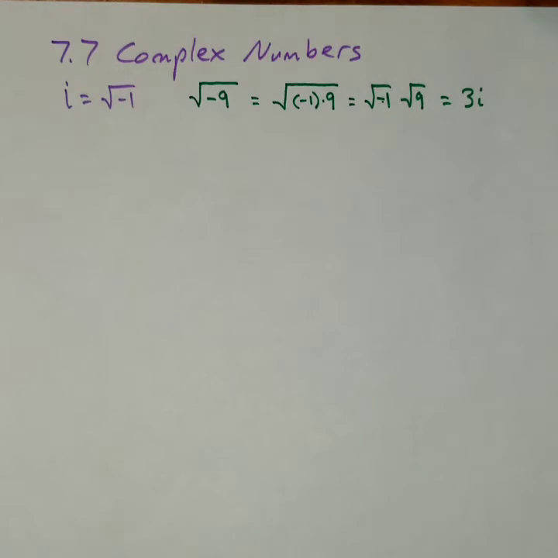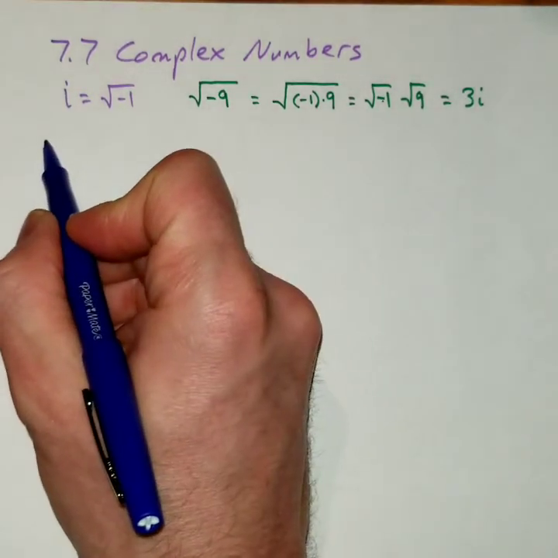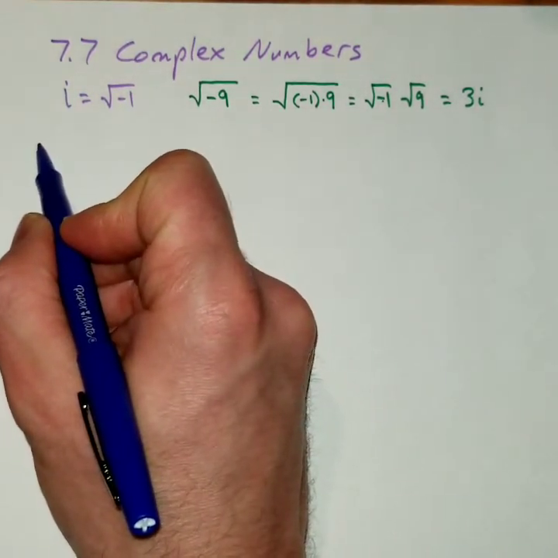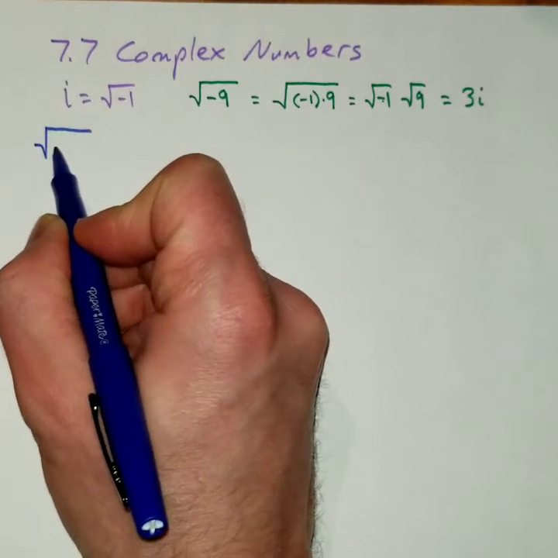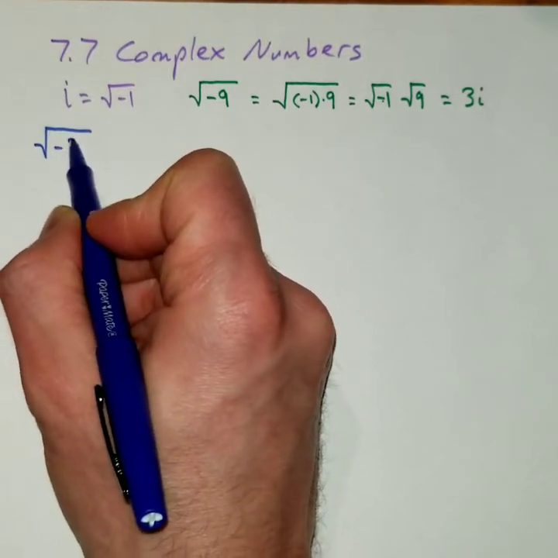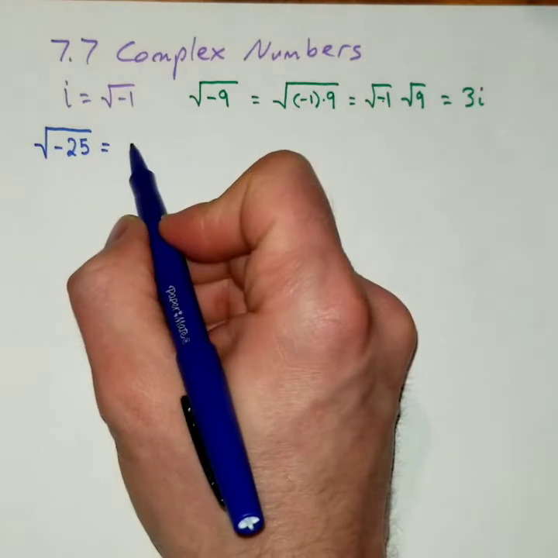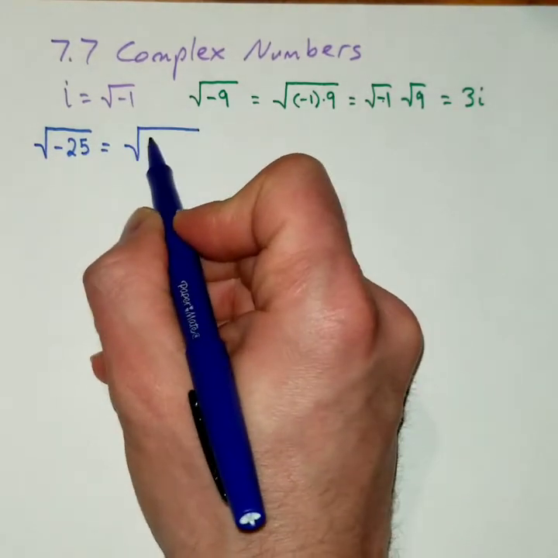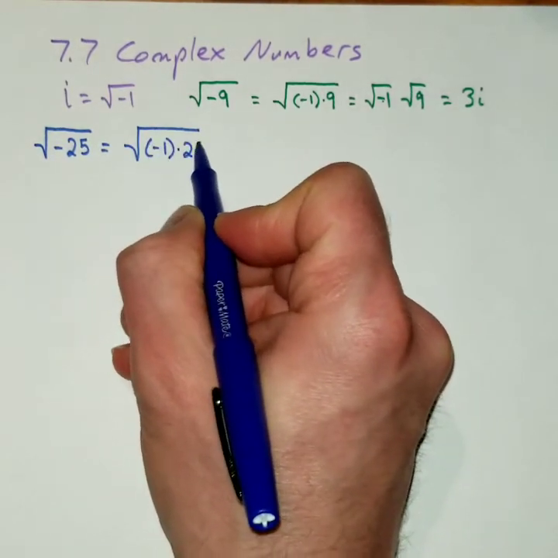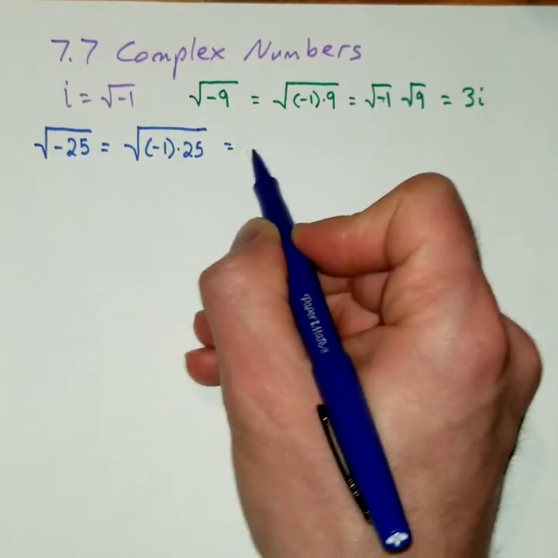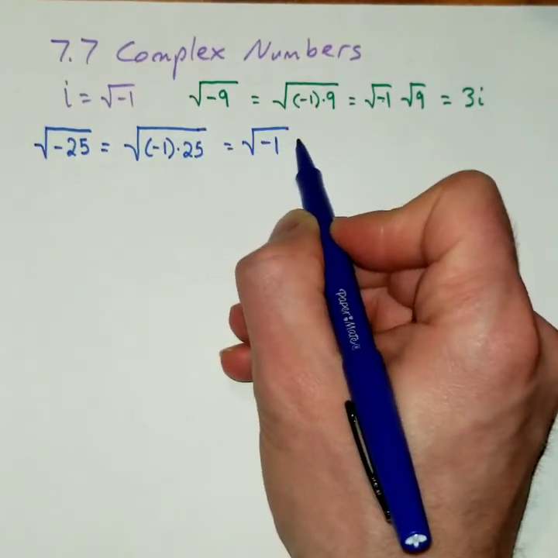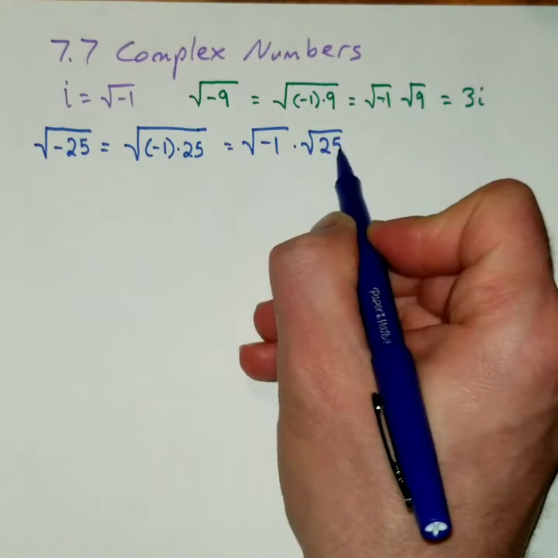In a similar way, if I were to take the square root of negative, let's go with 25. Well, that's the square root of -1 times 25, which of course is the square root of -1 times the square root of 25.